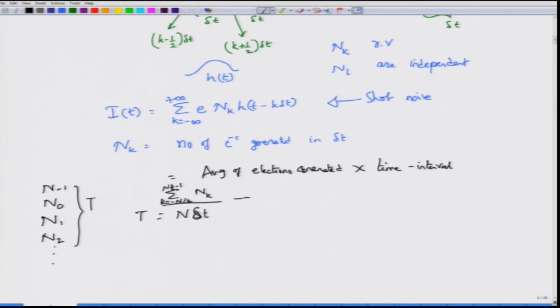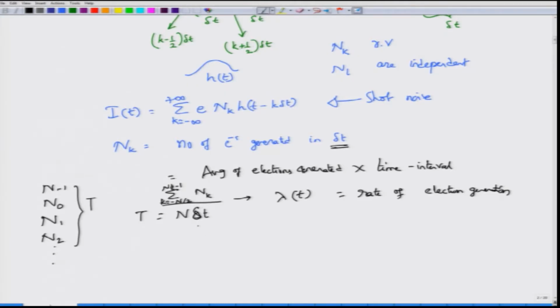What you get will be the average number of electrons generated per unit time, which is called the rate of electron generation. This rate times delta t tells me the number of electrons on average that are generated in that particular time interval.